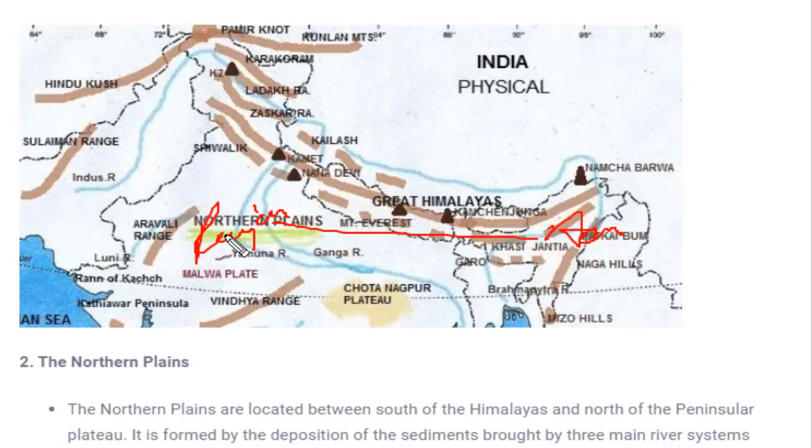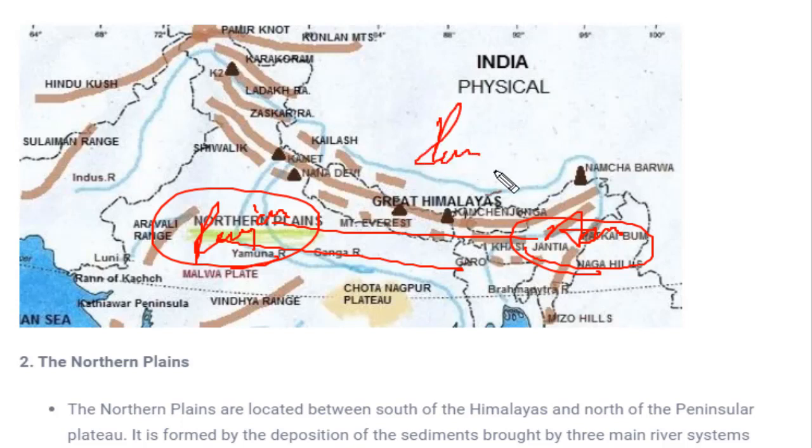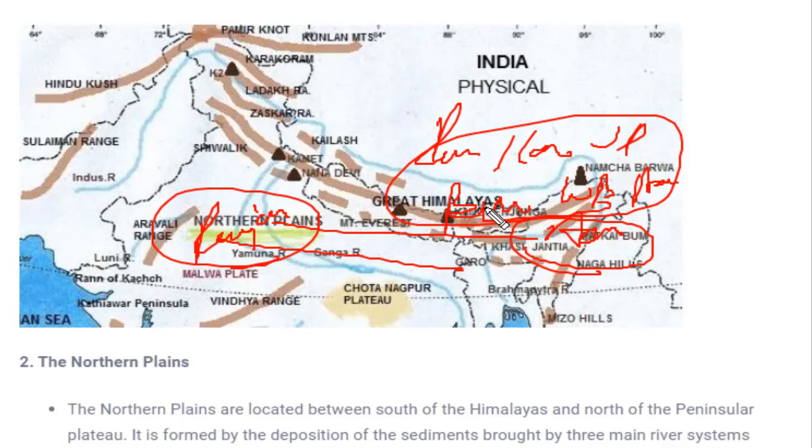These are the states in which it lies: Punjab, Haryana, Uttar Pradesh, Bihar, West Bengal, Assam.